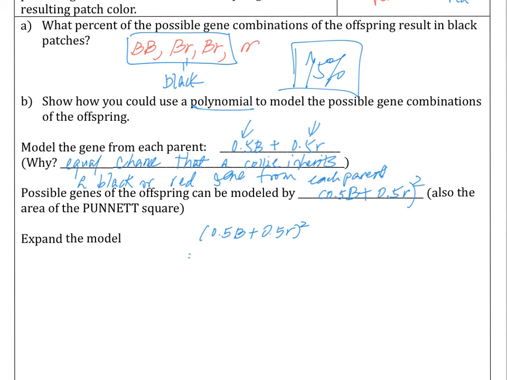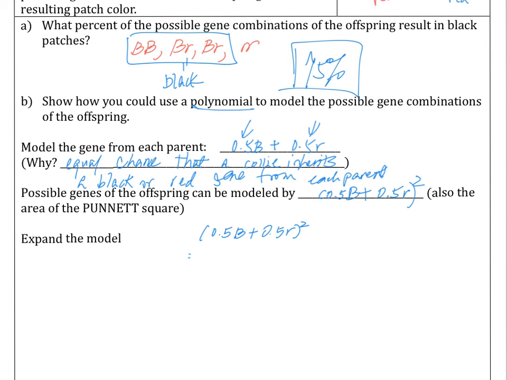So it becomes 0.25 B squared plus 2 times 0.5 times 0.5 again, big B, little r, plus 0.25 R squared. And then we're going to write this again. And then this would be 0.5 BR plus 0.25 R squared.